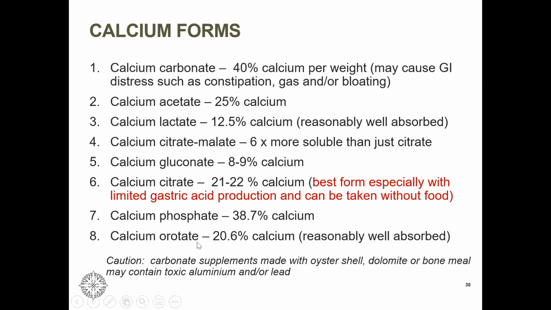Then calcium orotate, it is also reasonably well absorbed. And when some people have an issue with some neurotransmitter synthesis, because they are being transferred from one membrane to the other via calcium channels, at that point I would like to use calcium orotate.